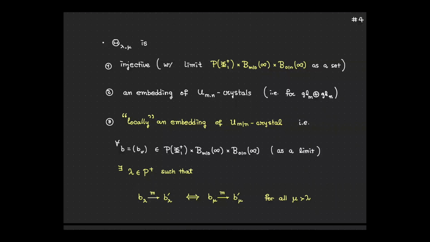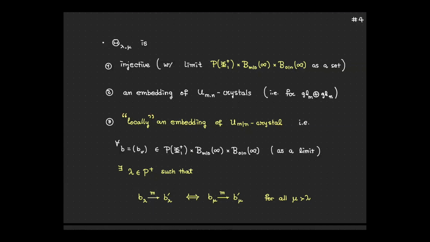Basically, we want to say that this map also gives an embedding of the crystal over GLMN, but unfortunately, it's not. But still, somehow it is an embedding. It's compatible with the other crystal operators locally. Roughly speaking, it's a local embedding.